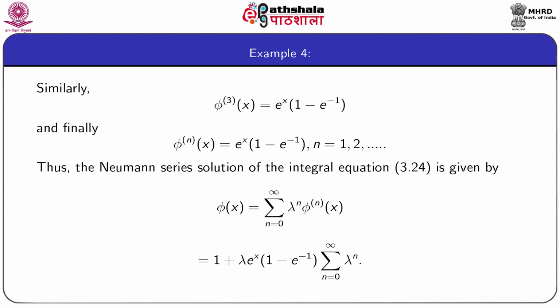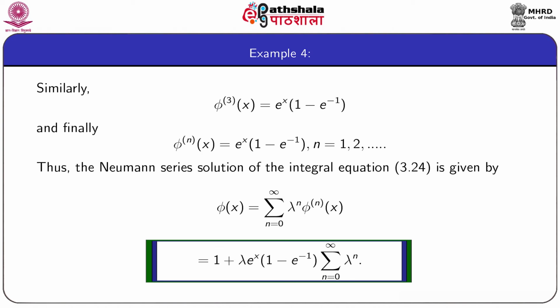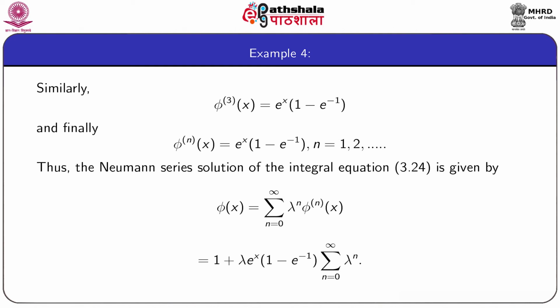Thus, the Neumann series solution of the given integral equation is φ(x) equal to summation n equal to 0 to infinity λⁿ φⁿ(x), and if I substitute the value of φⁿ(x) here, then φ(x) becomes equal to 1 plus λ e^x (1 − e⁻¹) times summation n equal to 0 to infinity λⁿ.